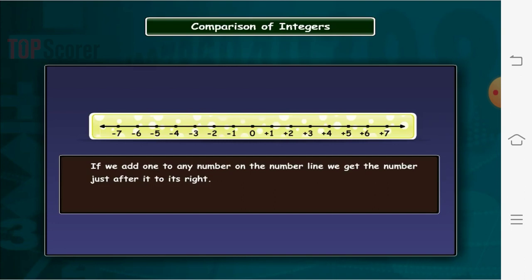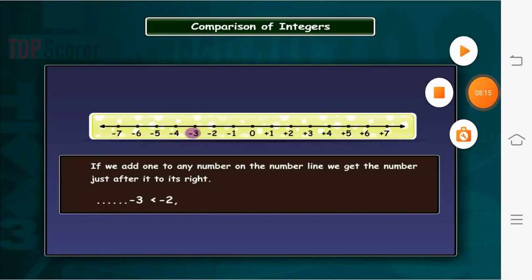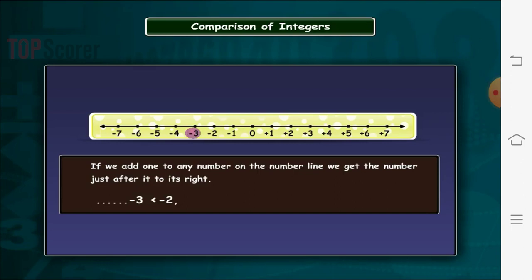Now observe the numbers to the left side of 0. If we add 1 to minus 3, we will get the answer as minus 2. Now children, as we know, on the right side, the positive numbers keep on increasing, like plus 3, plus 5, plus 6, plus 7.